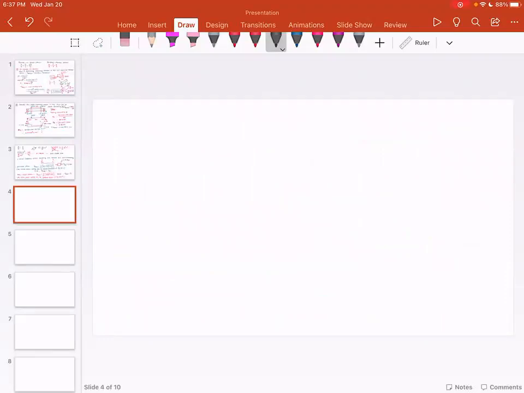So let me set up the problem. Consider that this is the shaft design under combined loading, so shaft design under bending and torsion. And the problem is something like this.